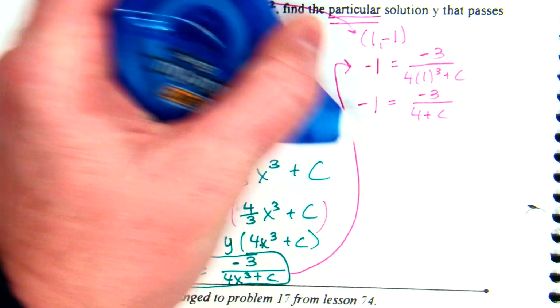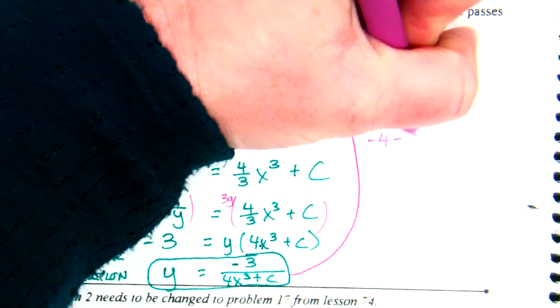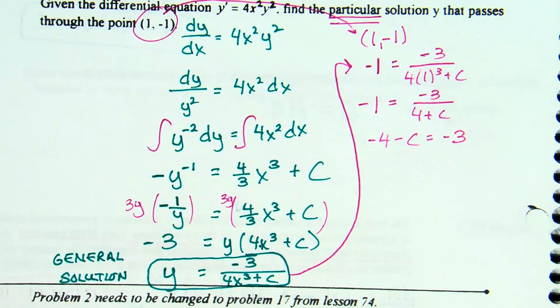So -1 times 4 plus c, -4 minus c equals -3. To solve for c, add 4, so -c is equal to 1, divide by negative, and c is -1.